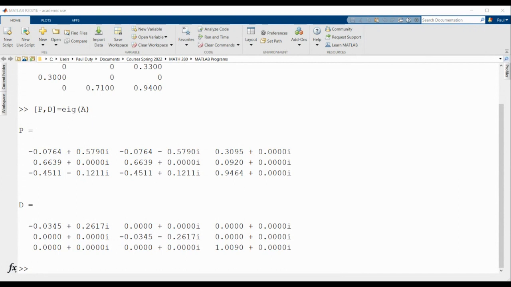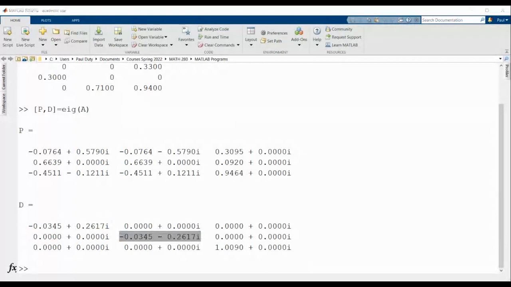So the matrix D, the eigenvalues, well, how many real eigenvalues are there? Three eigenvalues. Here's one. Here's the other.